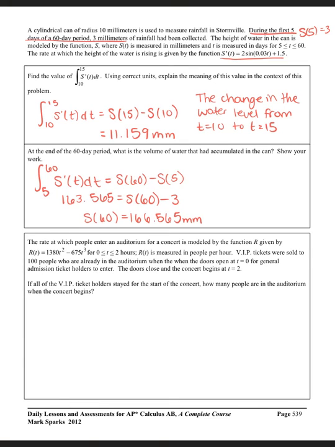So s represents the height of the water in the can, but we want to know the volume. So volume of a cylinder is pi r squared h. Okay, it already gives us the radius. It is 10 millimeters.